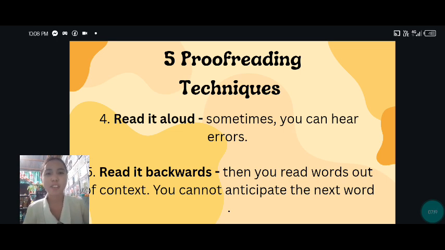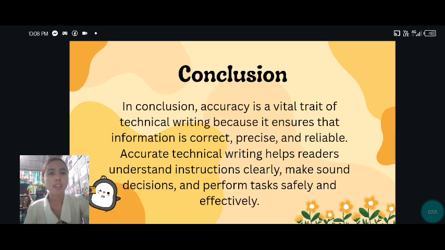Let's now have the conclusion. So in conclusion, accuracy is a vital trait of technical writing because it ensures that information is correct, precise, and reliable. So accurate technical writing helps readers understand instructions clearly, make sound decisions, and perform tasks safely and effectively.